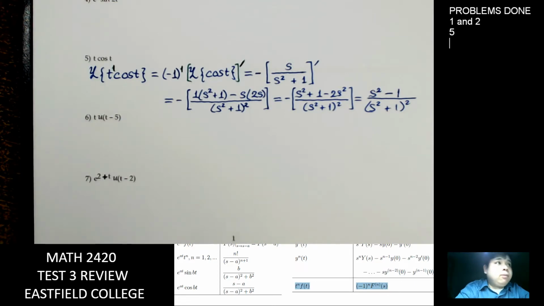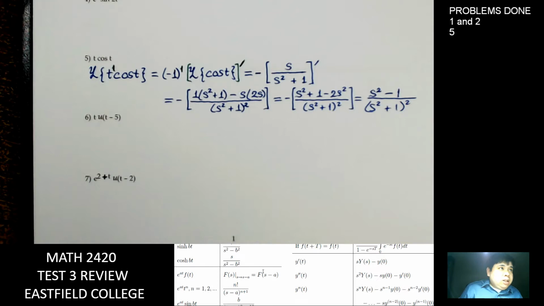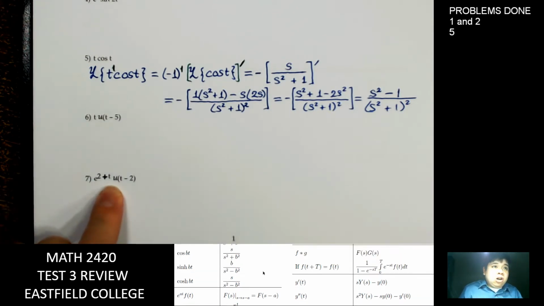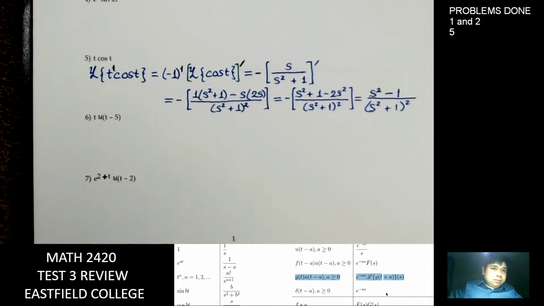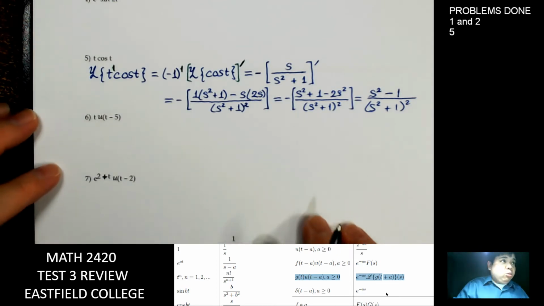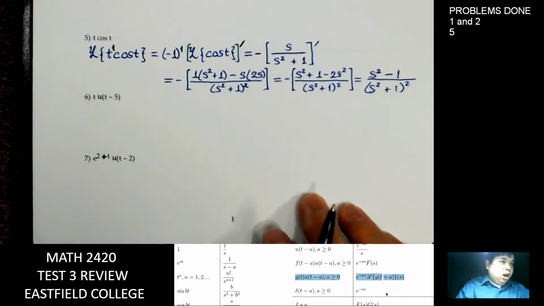Now there's a unit step function, so the transform of that is going to be here. So first, I just rewrite the problem with the Laplace transform.